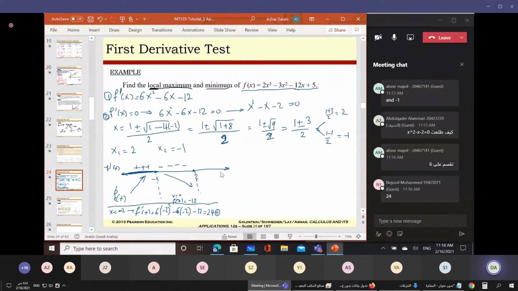Now for the values greater than 2, I will choose any number greater than 2. For example, x equal to 3.